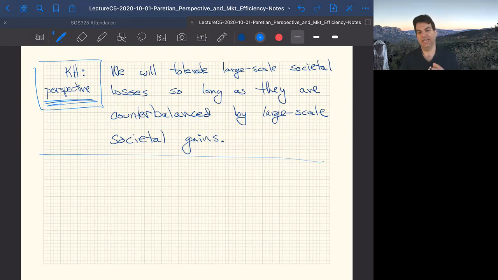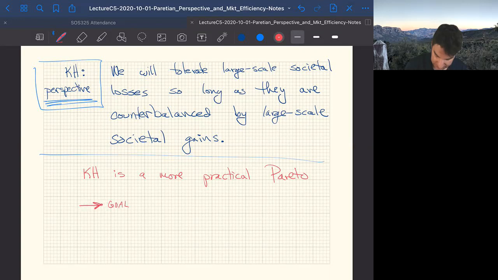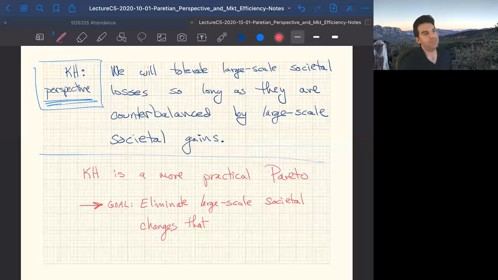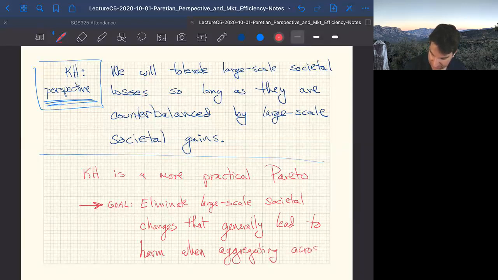So in both cases, Kaldor-Hicks is a more practical Pareto, and in both cases, the goal is to eliminate, we'll say, large-scale societal changes that generally lead to harm when aggregating across society.